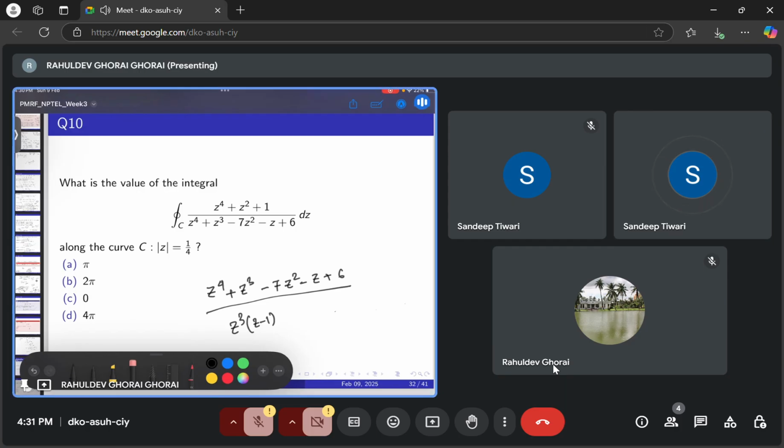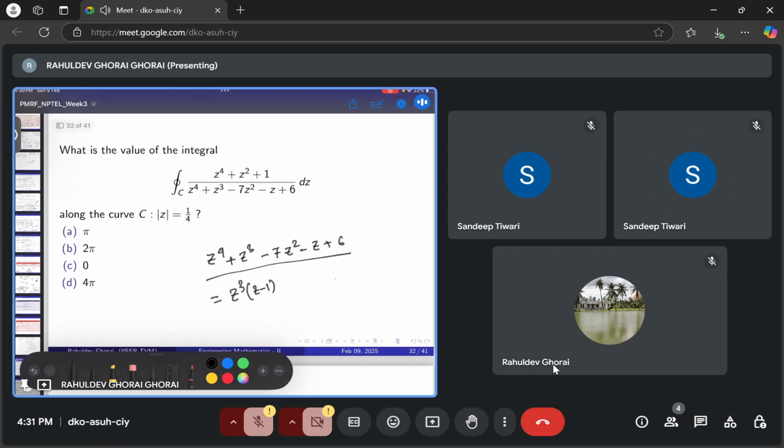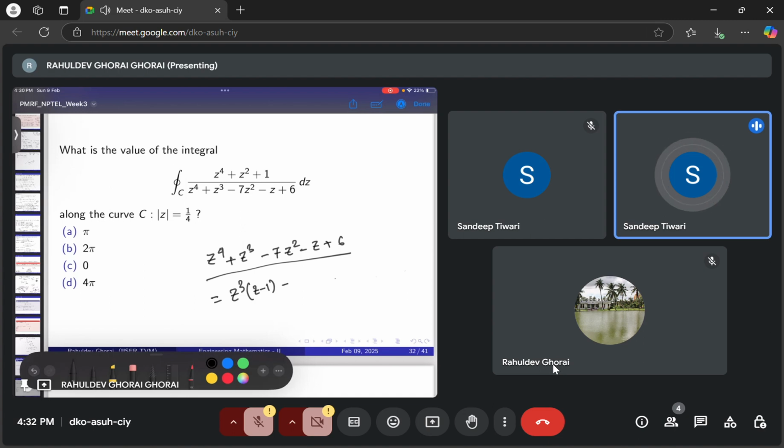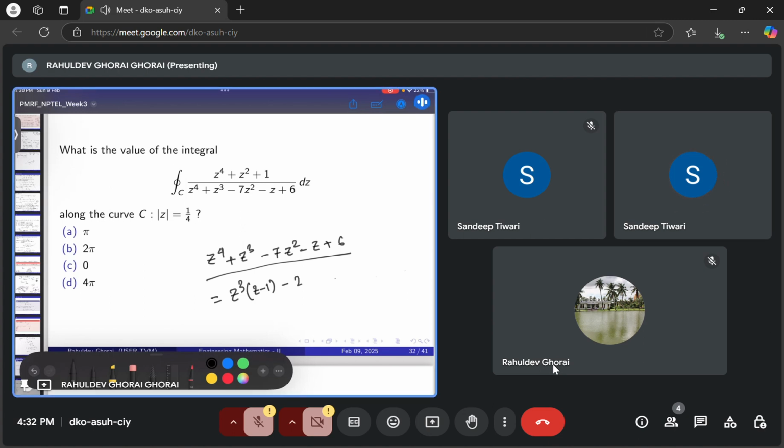So we have to find out whether we can write this as a multiplier factor, we can factorize it. Yes, sir. Then the point of discontinuity. So then it will be 2 z square times z minus 1, right?